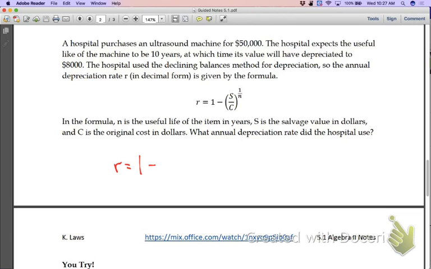How much is it worth now? $8,000, right? Oh, I see. So now, how much did we pay for it? What was C, the original cost? $50,000, right? How many years did we have this thing? 10, so it's going to be to the 1/10th power.